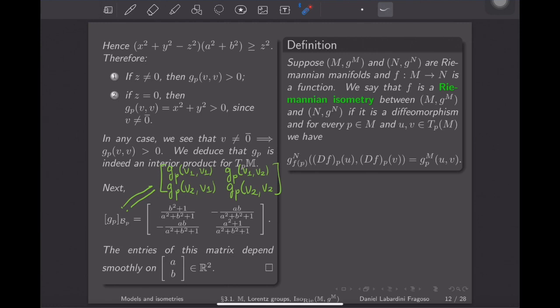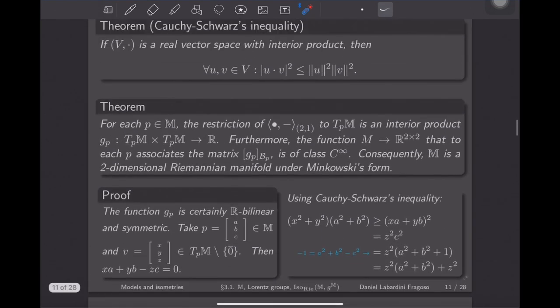And when it varies, the inner product varies according to how these entries vary, and that variation is smooth, of class C infinity. So under Minkowski's form, the hyperboloid becomes a Riemannian manifold.